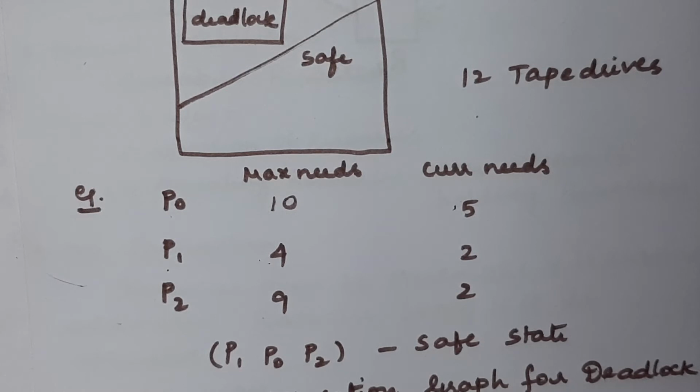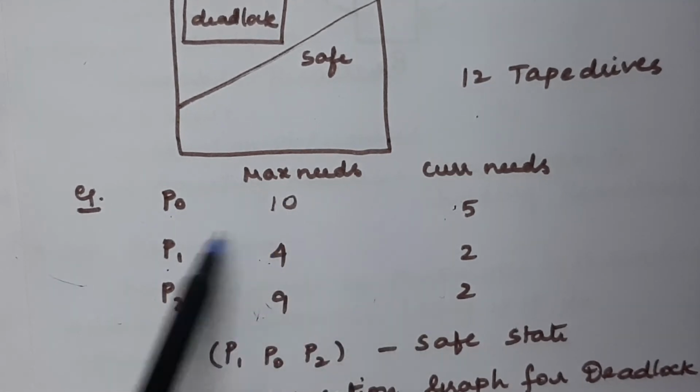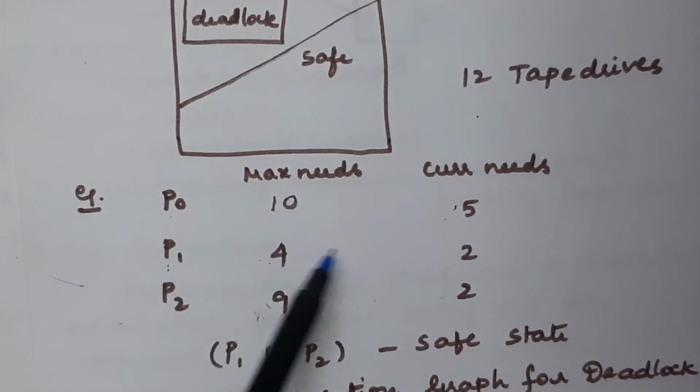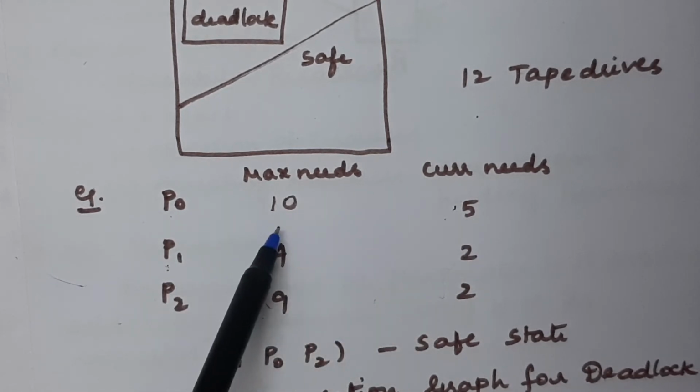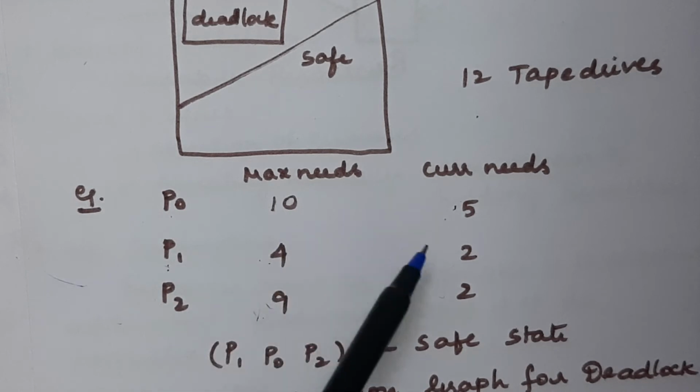So this is the first step. We got all the additional information, and with that information we have allocated the resources to some extent. We have not allocated the entire number of resources to all the processes, only partially.